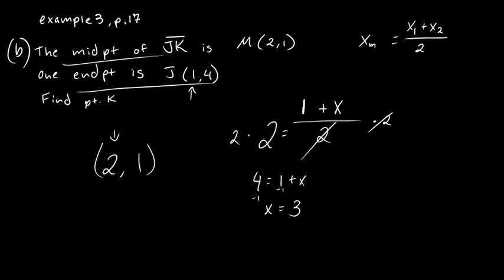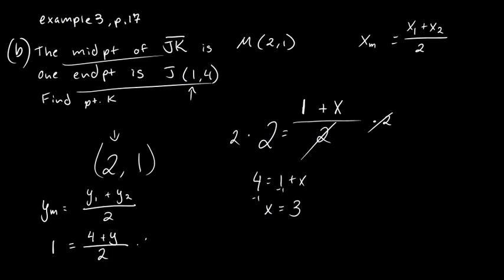And then we have to run through the same process with our y's. I know the y value for my midpoint is equal to y1 plus y2 divided by 2. However, I only have one endpoint. So my y value of my midpoint is 1, and that equals y1, which we're going to say is the 4, plus your second y, divided by 2.